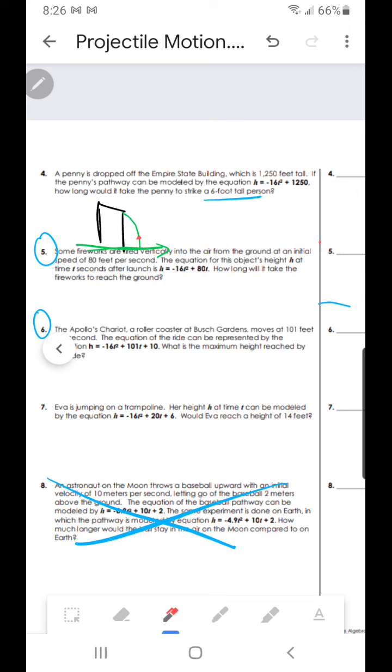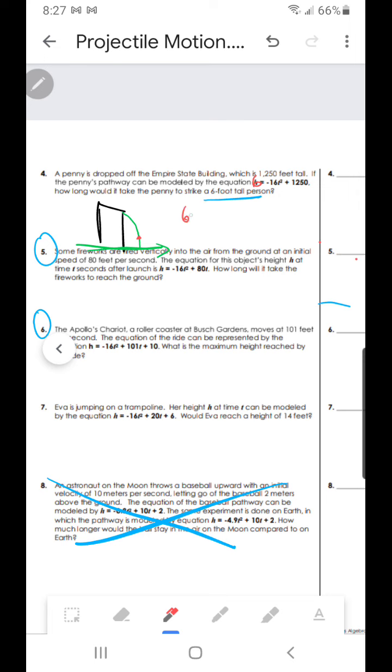So instead of letting h be 0, where would it be when it's at 6? In this problem, we're going to let h be 6 because I want to know at what time it will reach 6 feet from the ground.